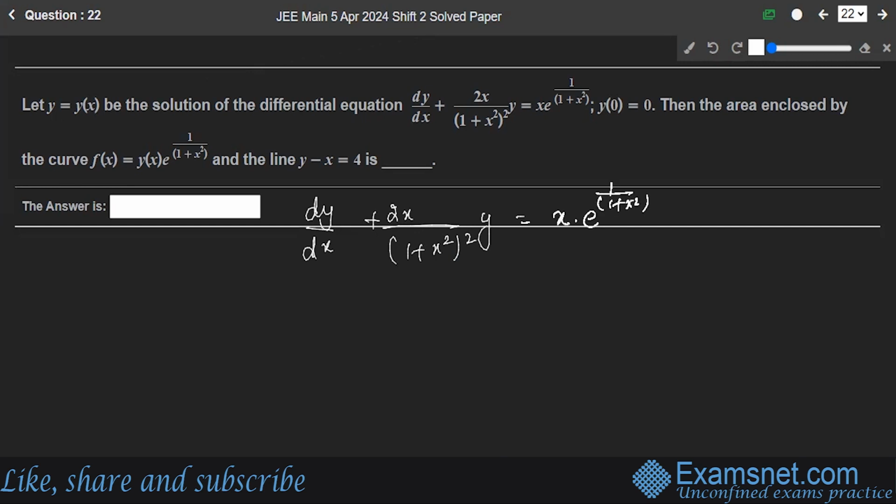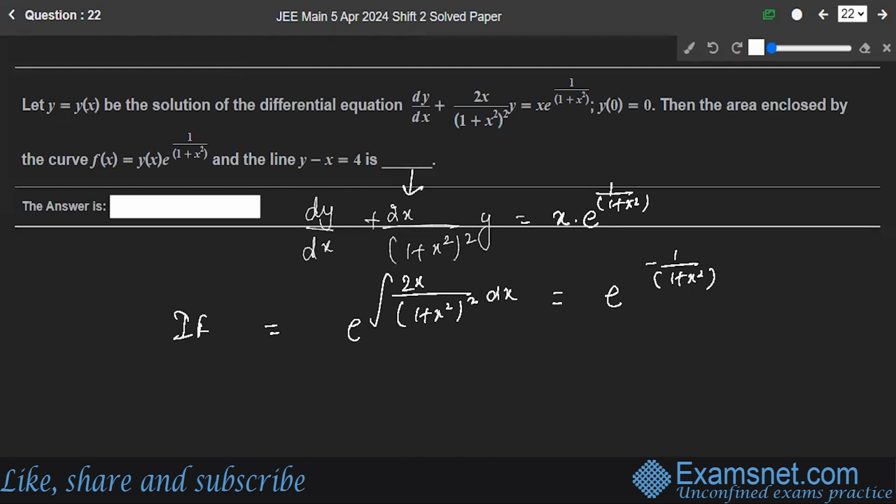Now if you see it clearly, your integrating factor can be calculated from here. So the integrating factor of this linear differential equation is e raised to power integral of 2x upon (1 plus x square) whole square dx. This is equal to e raised to power minus 1 upon 1 plus x square.